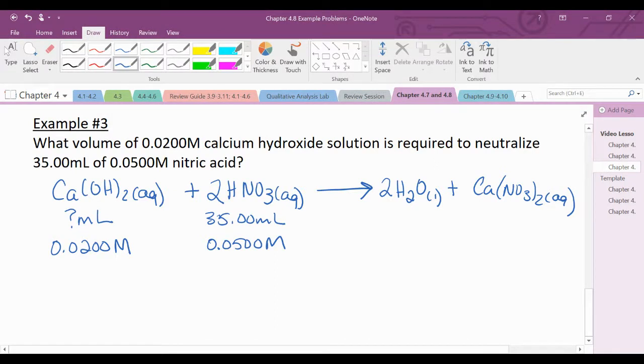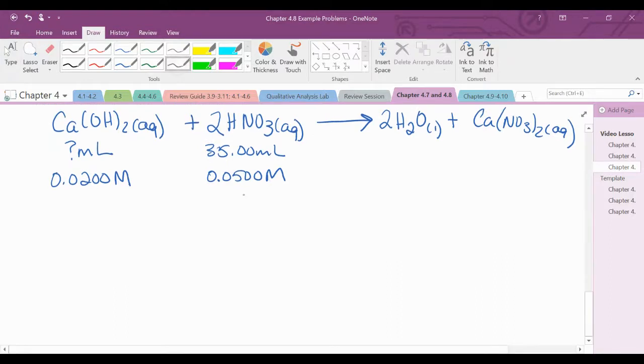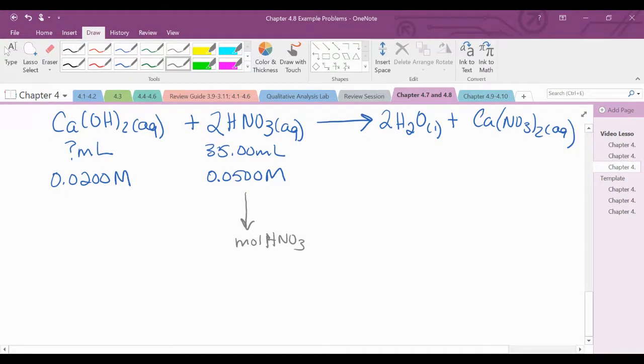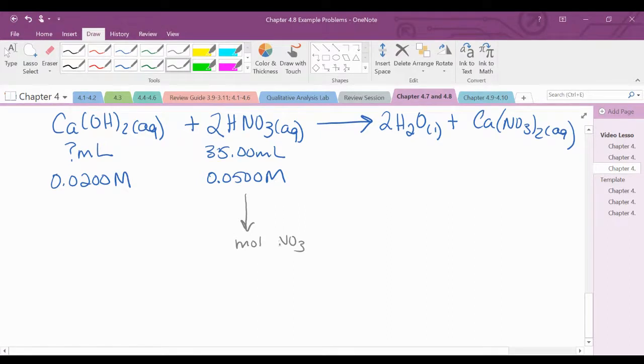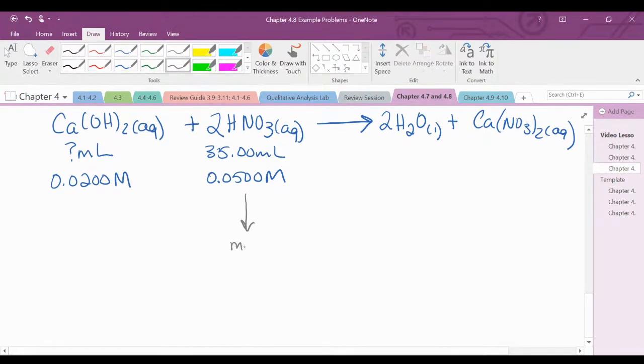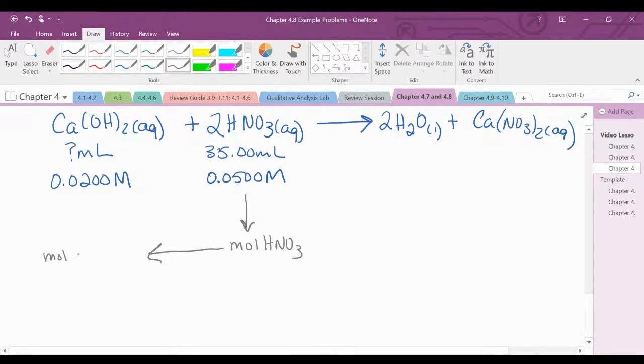So what I'm going to do, kind of make a little plan, I'm going to convert this to moles of nitric acid. I'm going to convert from moles of nitric acid to moles of calcium hydroxide.